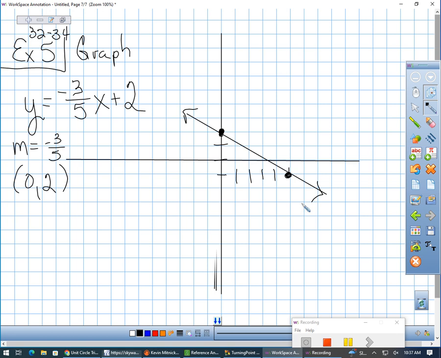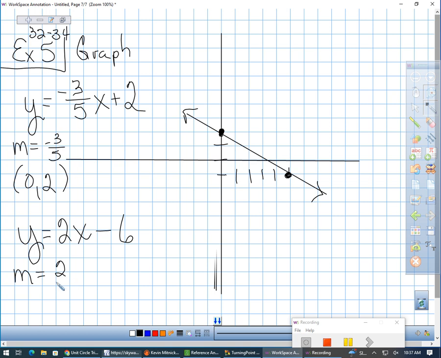Let's do one more. Same graph. Let's say I have the equation y equals 2x minus 6. All right, so again, my slope is 2, which is actually 2 over what? Good. My y-intercept is the point 0, negative 6.